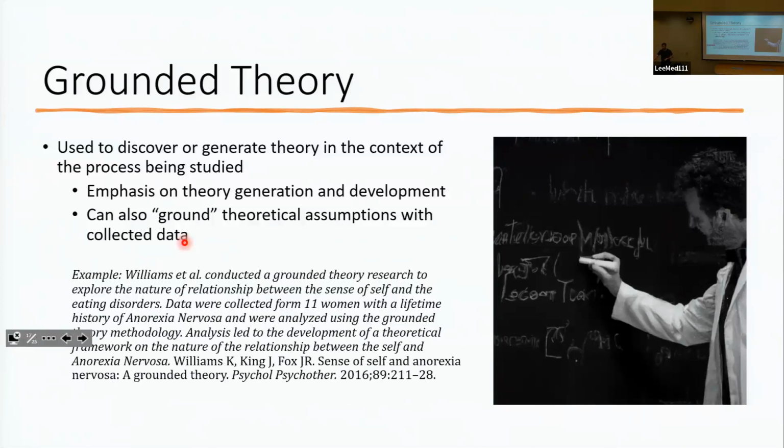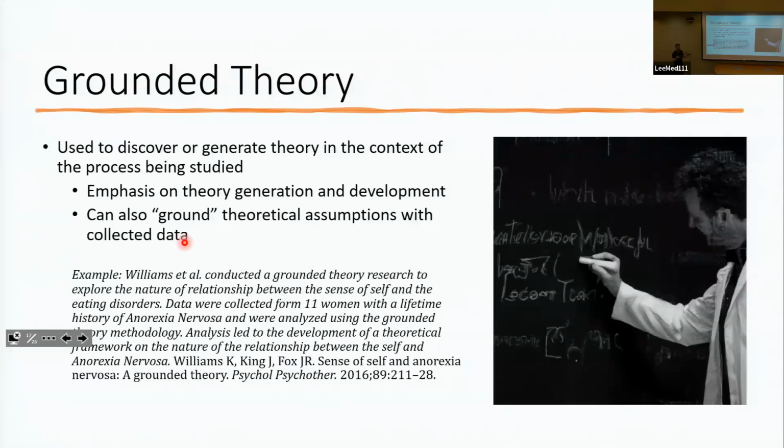So Williams et al. conducted a grounded theory research to explore the nature of the relationship between the sense of self and eating disorders. So they collected data from 11 women that had anorexia nervosa, and based on that collected data, they developed a theoretical framework on the relationship between self and anorexia nervosa.